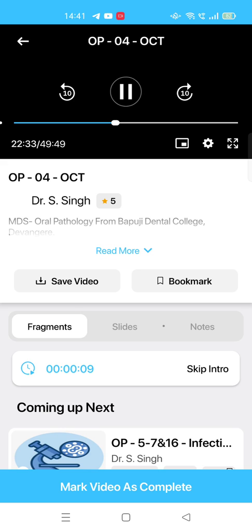This is characterized by multiple basal cell carcinomas of the skin, as well as multiple OKCs. Here it is radiolucent, here also it is radiolucent.